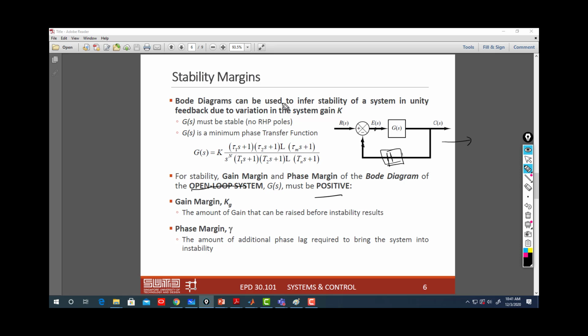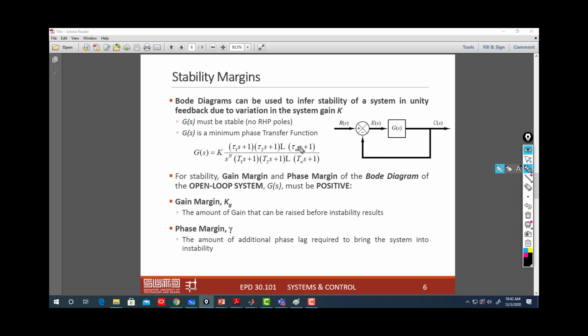Okay, the Bode diagram can be used to infer stability for a system in unity feedback due to the variation in the system gain K. Even if it's G1 times H, the result will be G, and G is in a unity feedback form. So pay attention to this.